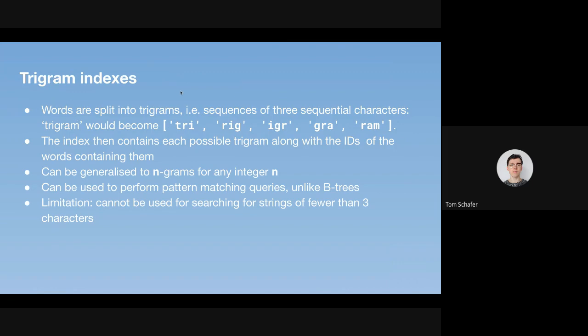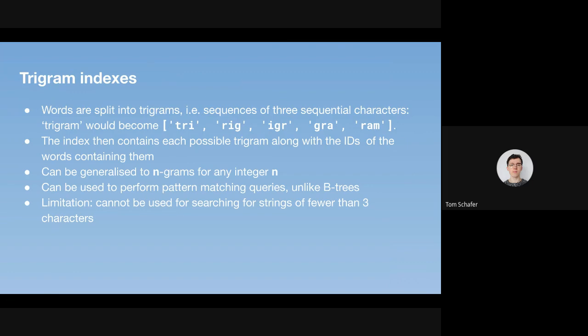The index then contains each possible trigram for each string in your table, along with the IDs of the words, which again comes back to having a pointer or reference back to your original data, which is what the ID is used for. I'll show you an example of this in a second. But just some last points on that.